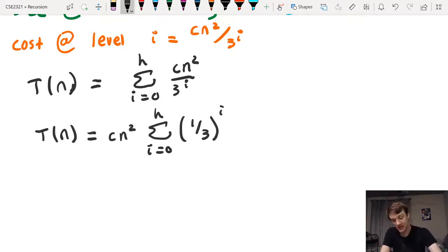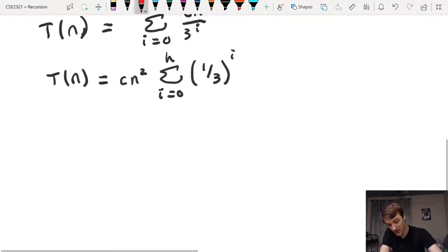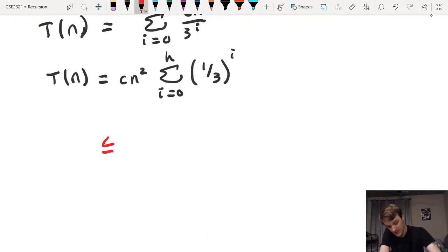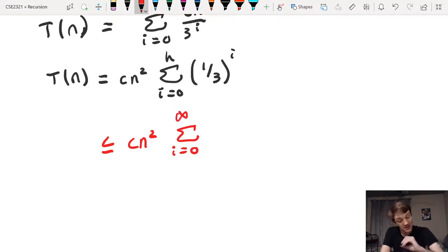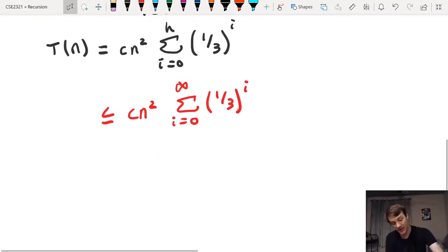To analyze a summation like this, it's typically easiest to bound it. So let's bound this summation. This is less than or equal to cn squared times the sum from i equals 0 to infinity. Because it's a geometric series, we are going to bound it above by an infinite geometric series. Doing so, we have the sum from i equals 0 to infinity of a third to the i.